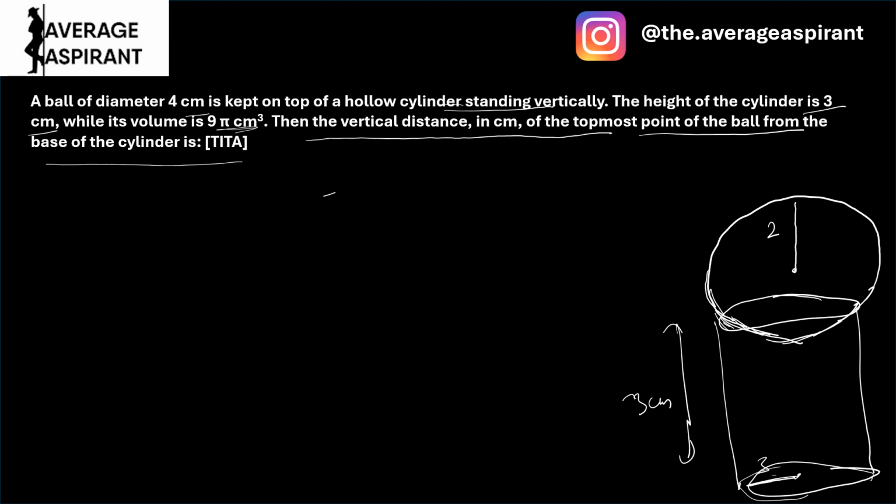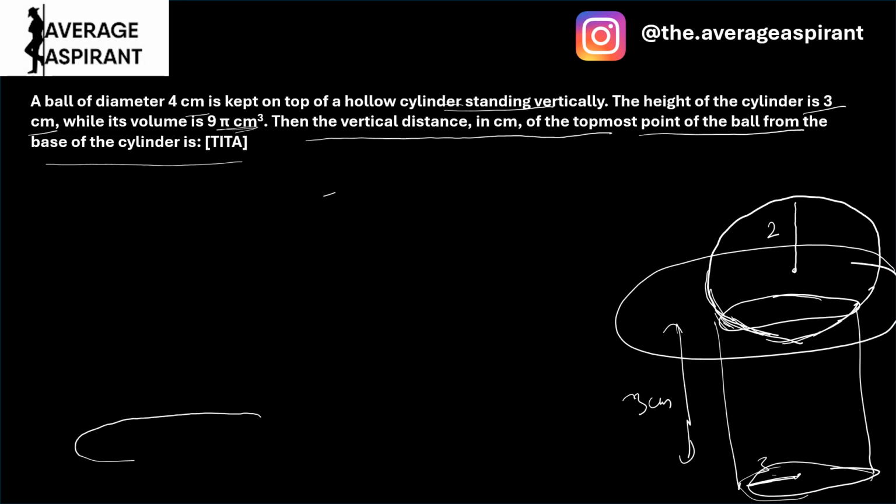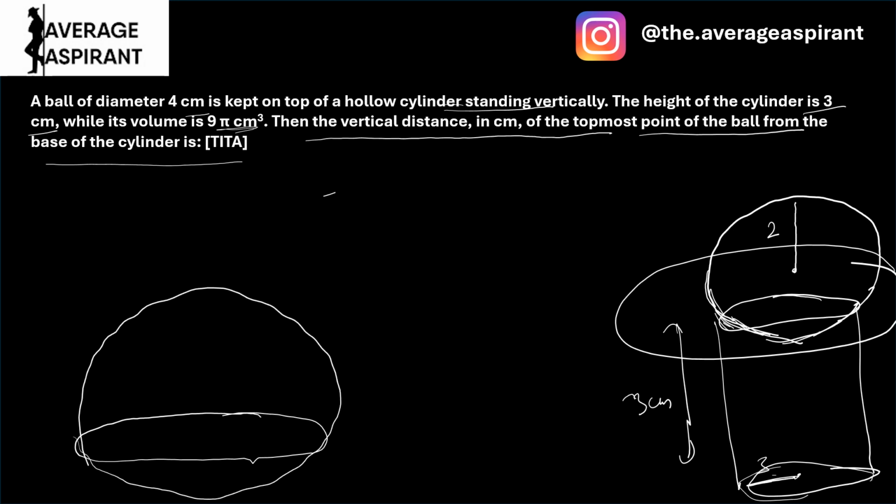Now, if you zoom this particular area, it will look like something like this. I'll try to draw it. This is the base of the cylinder. This is your ball. This is the center of the ball. This is the radius of the cylinder. Consider this particular triangle.